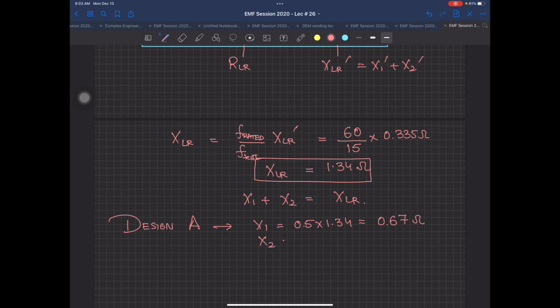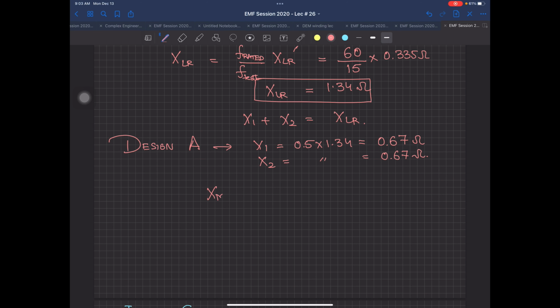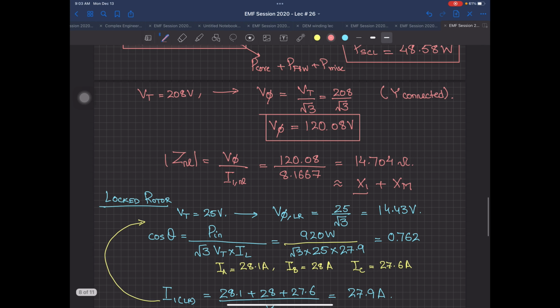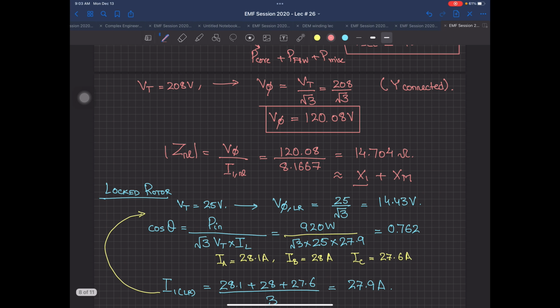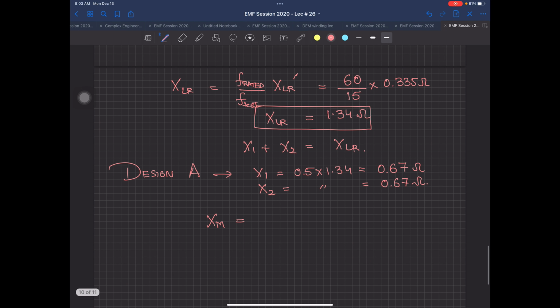And X2 is the very same, 0.67 ohms. Now the last thing which we missed over there, the remaining, XM, would be equal to the equation we had, 14.704 minus X1. So this will be 14.704 minus 0.67 ohms, which is 14.034. So this is your XM.